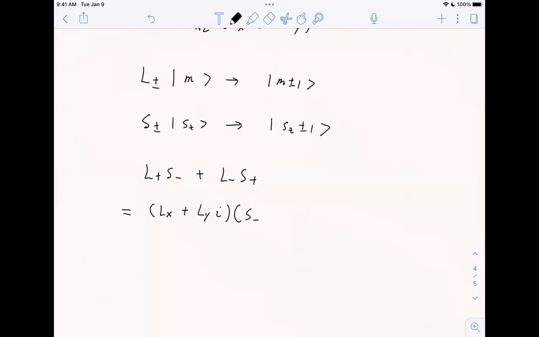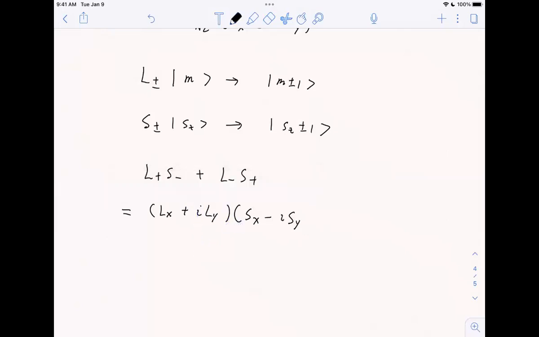So Sx minus i Sy, this i should be, let me put it here.